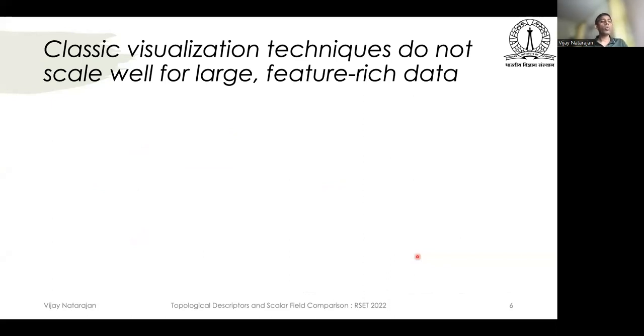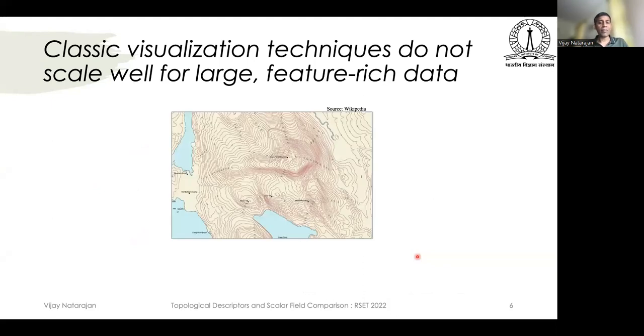Visualization refers to the design of techniques for visual representation of data, beginning with classic visualization techniques such as isocontours, which help one understand, for example, the terrain by plotting curves which are constituted of points having a same function value.